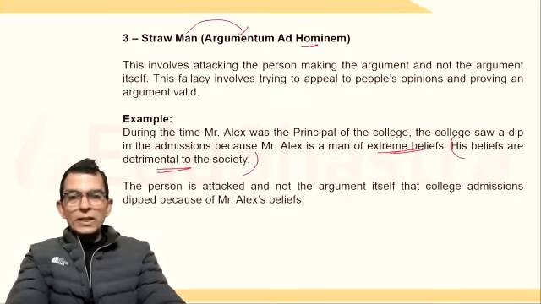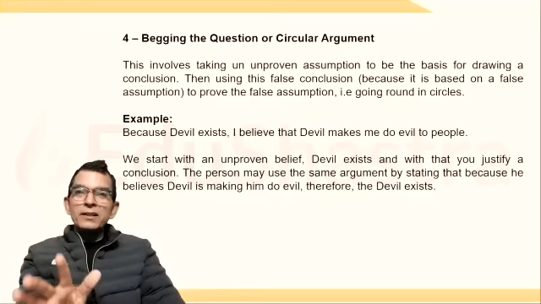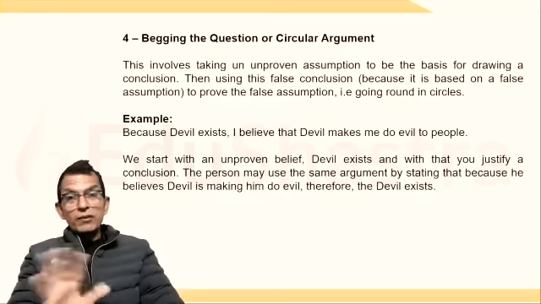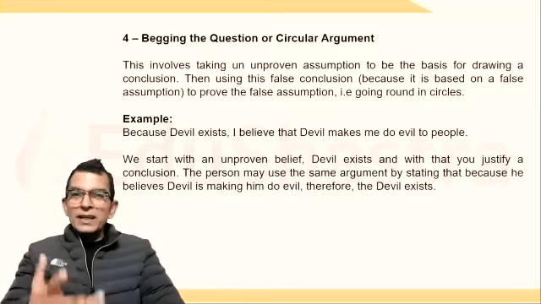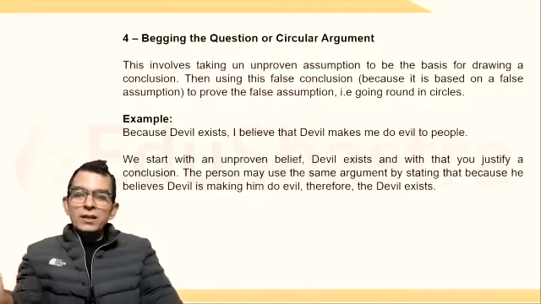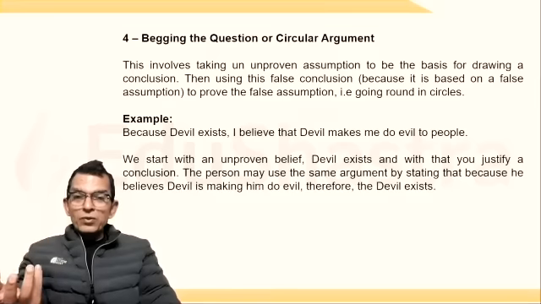Begging the question, or circular argument. Circular arguments are easily understood as trying to solve something which will never be solved, but we think we have already solved it, like a dog chasing its tail, going round in circles. Neither the premise nor the conclusion was ever proved.